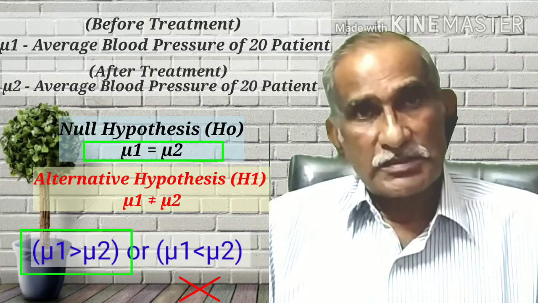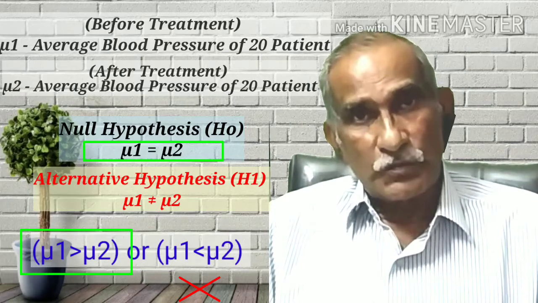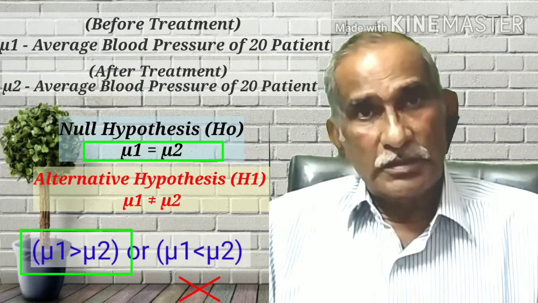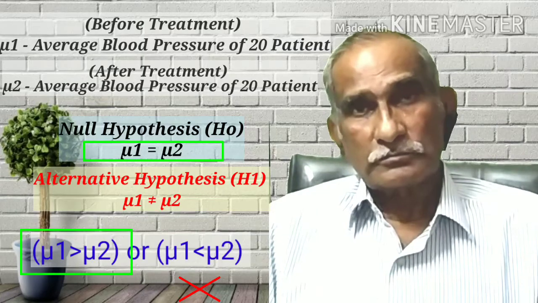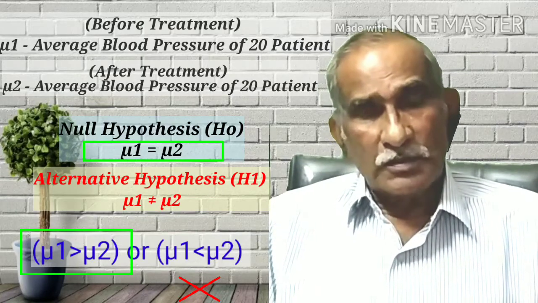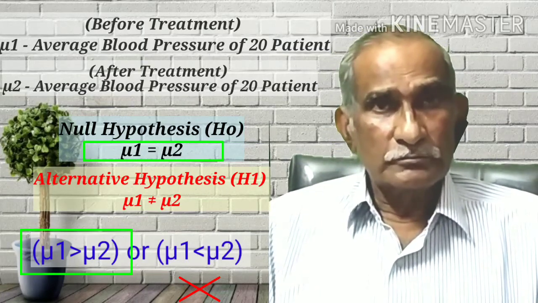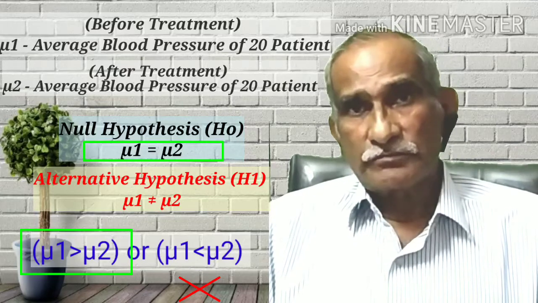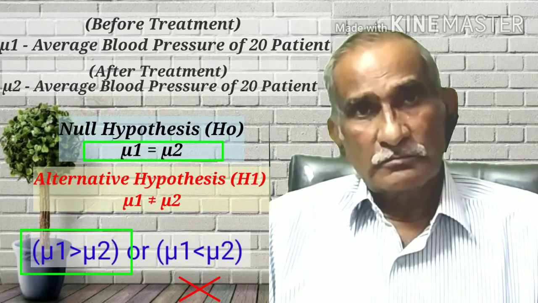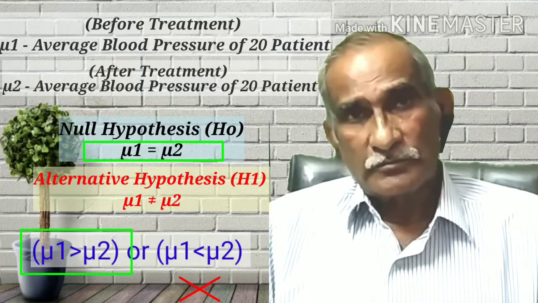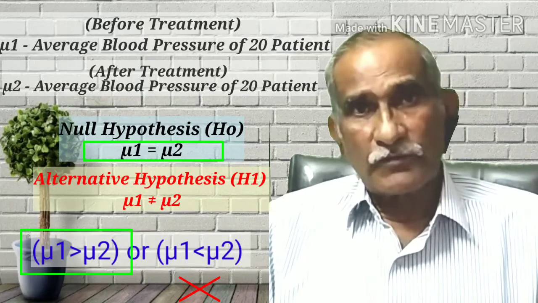So in this case, our alternative hypothesis would be mu1 greater than mu2. So in this way, in different situations, we can have different types of alternative hypotheses. The framing of alternative hypothesis depends upon the situation.